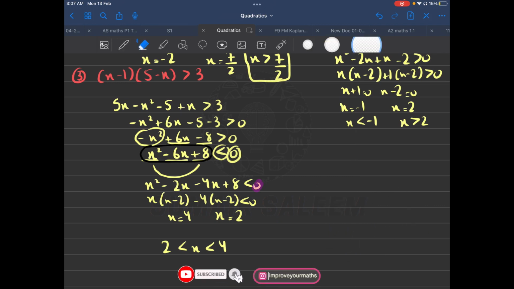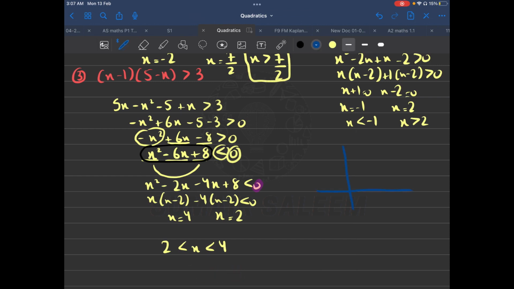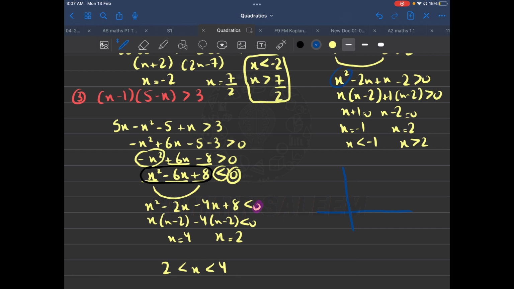But you can memorize this, or you can do this curve thing. So see here. In this question, x squared was positive and I was getting the x-intercepts as minus 1 and 2. That means my curve will look somewhat like this. It was greater than 0, which means above the line y equal to 0. This is the line y equal to 0 and the area above it is this part and this part.